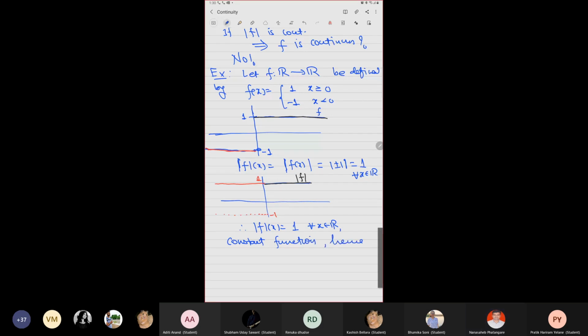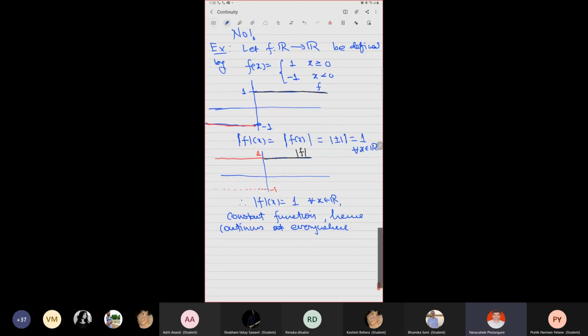Hence continuous everywhere. Right, everywhere it is continuous. Especially it is continuous at 0. But f is not continuous.